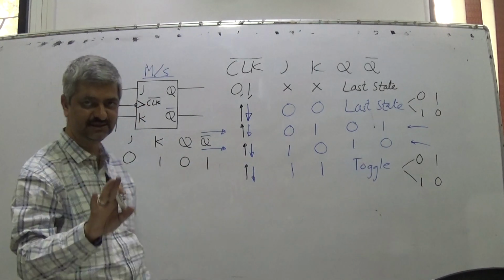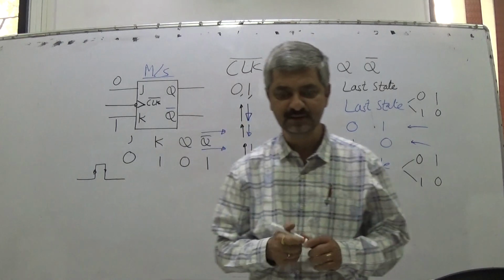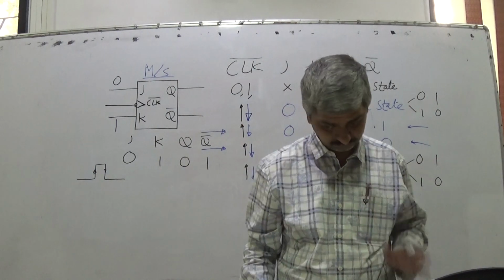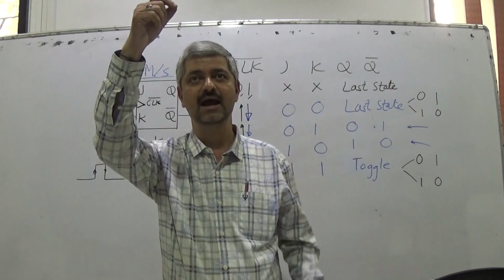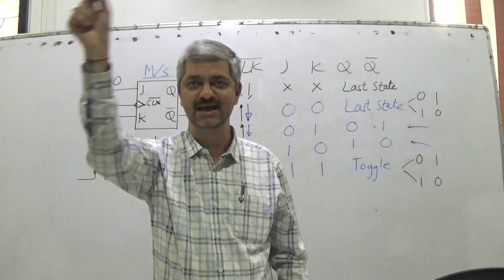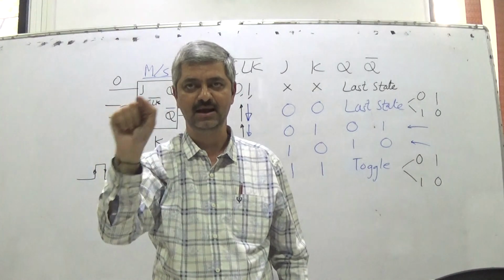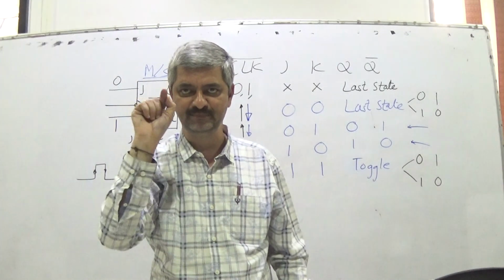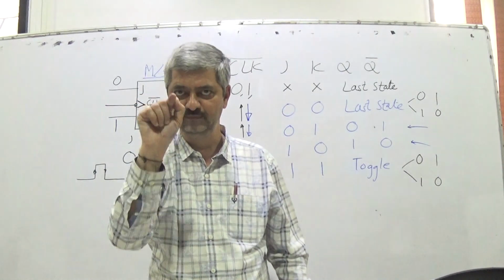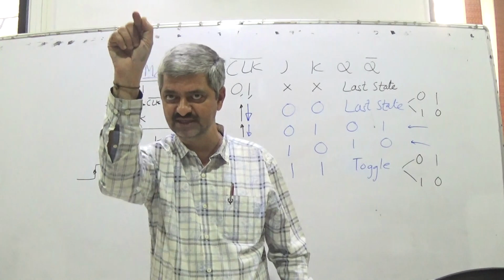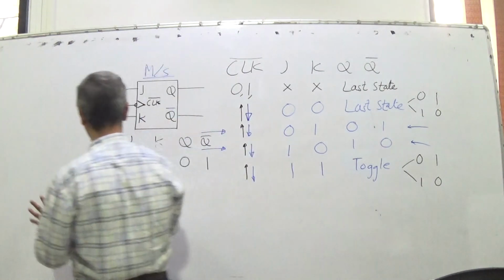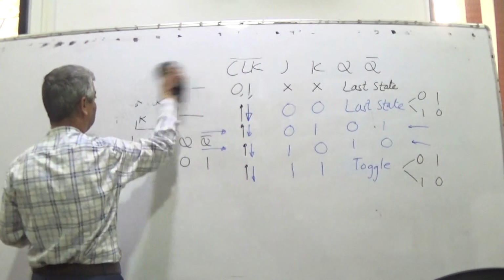I keep J 0, K 1. Listen very carefully, this is very fundamental. J I can keep, K I can keep, and the clock pulse I can give using a button. I press a push button. When it is pushed, clock will become 1. When it is released, clock will become 0. Is it clear? I explain this because that is fundamental.